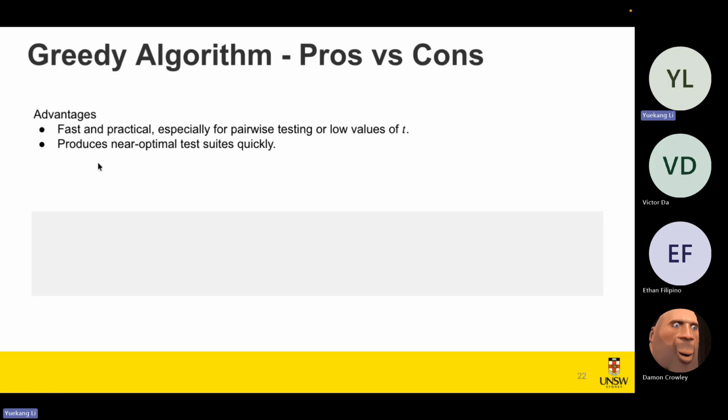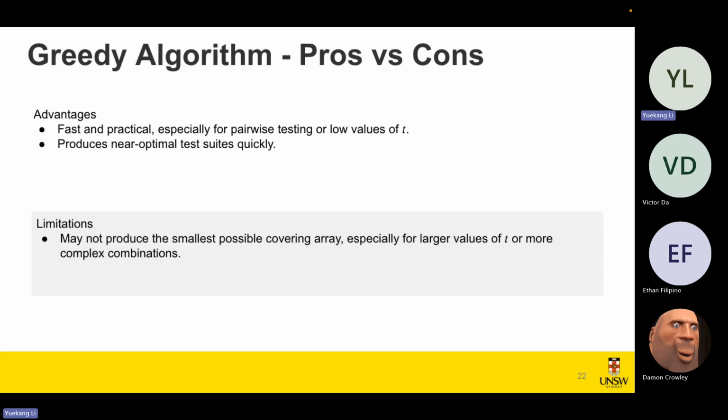But you can see a potential disadvantage here. It's near optimal. Like many other applications of greedy algorithms, we may not be able to get the best solution. If we apply the greedy algorithm, most of the time we are getting a near optimal solution. The limitation is because for each step, we don't look ahead.